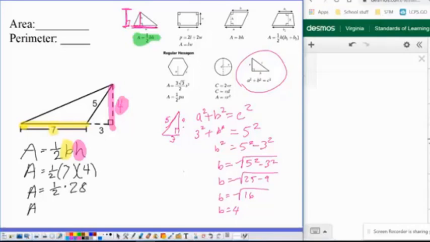So 1/2 of 28 would be 14. And since this is an area, whatever units you have, those units are going to be squared. So if it's centimeters, you're going to square the centimeters. All right, so 14 units, whatever those units may be, squared would be your area.